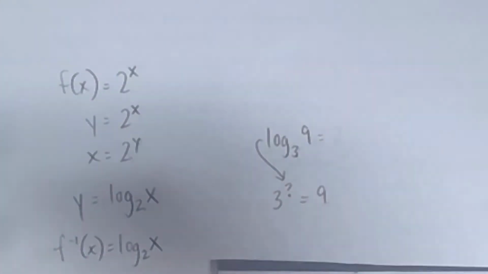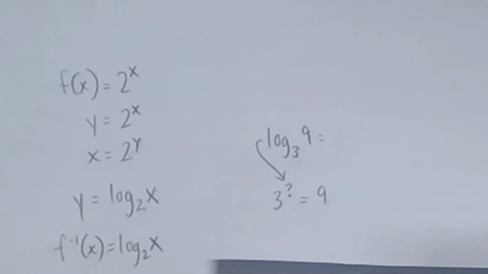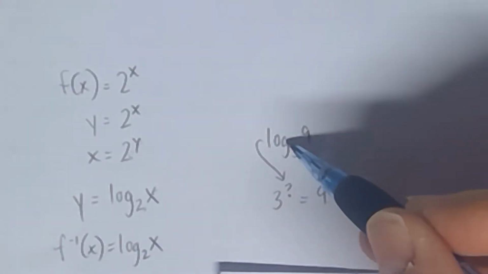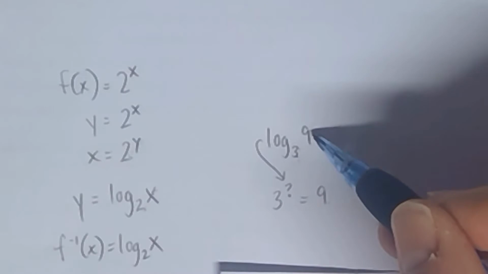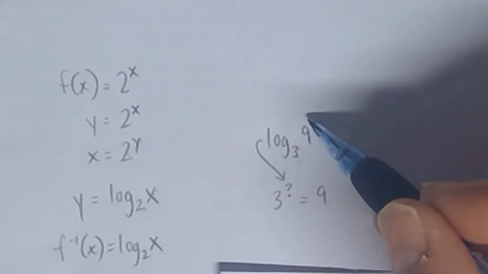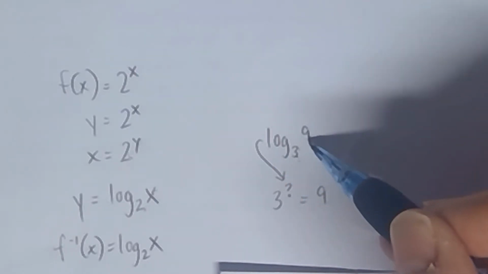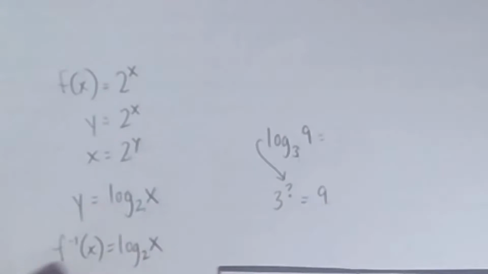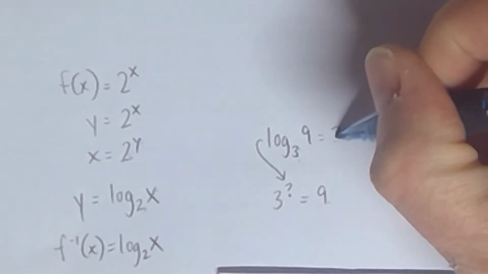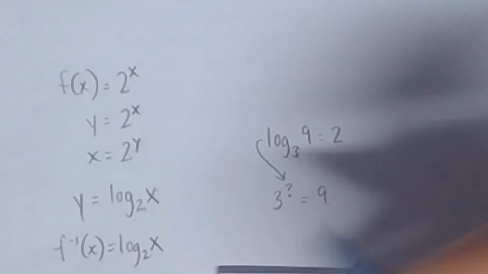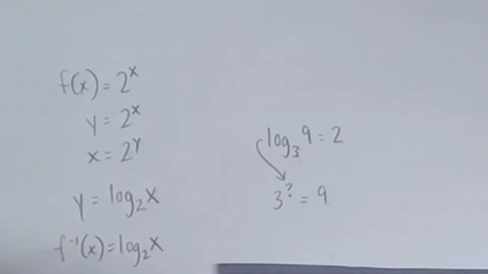It is always equal to the exponent that you get when the base is equal to this number underneath the g, and then the answer, which we call the product term, is right here next to the base, but raised up from the base, written up a little bit higher. Okay, and so the answer must be 2, because 3 to the second power is 9. So again, a logarithm is an exponent.